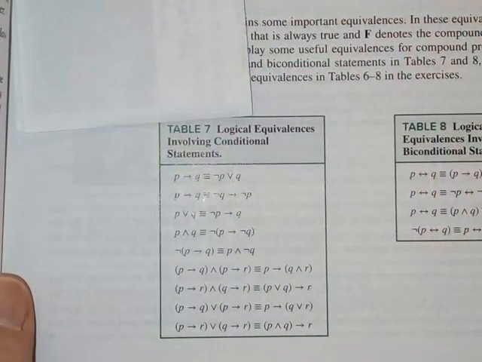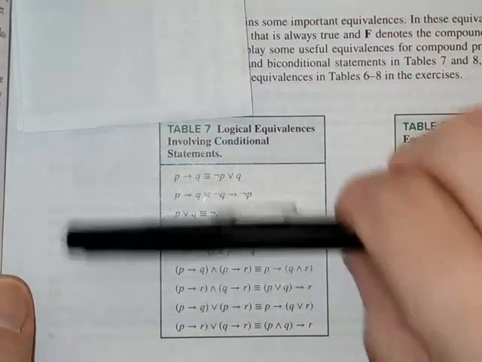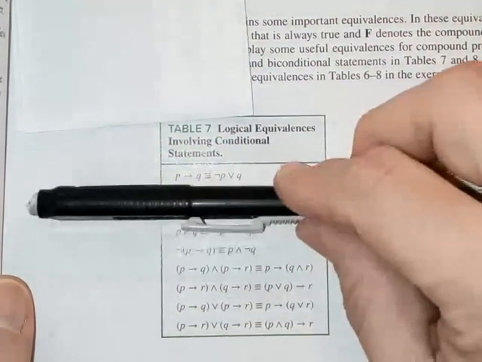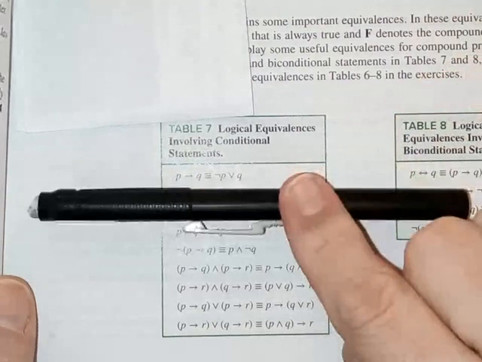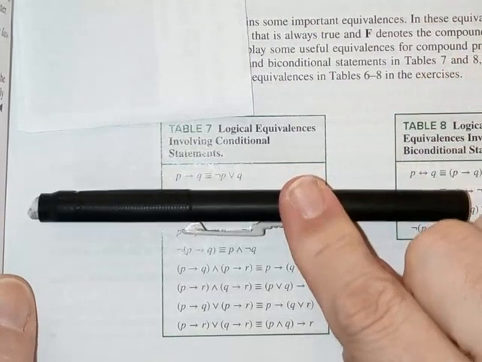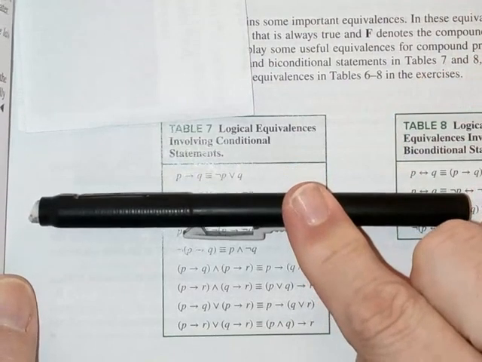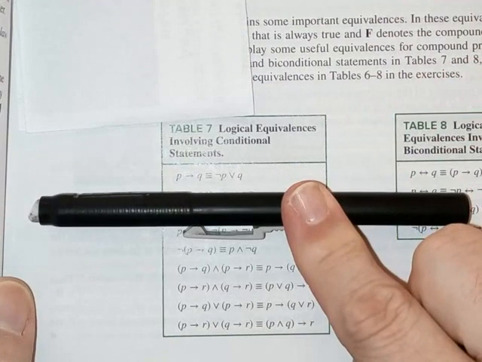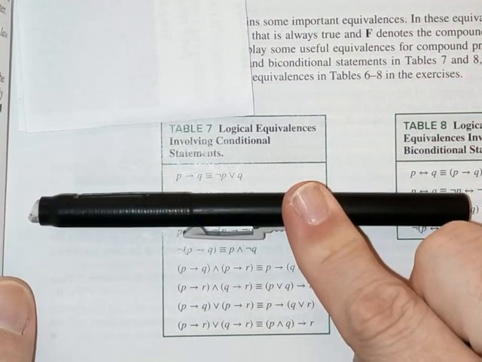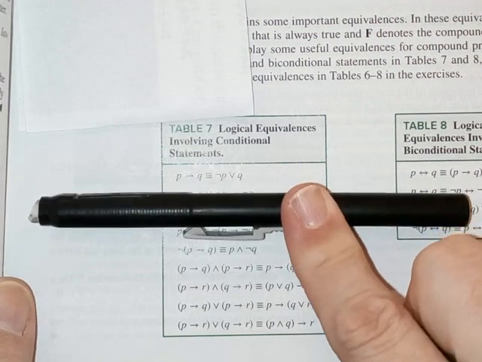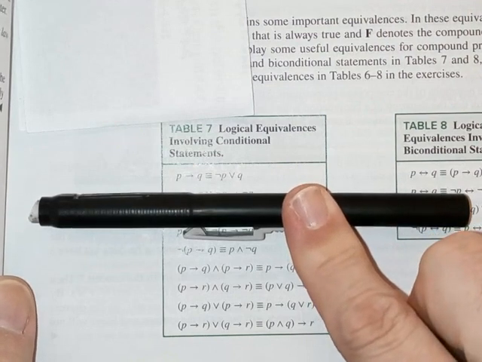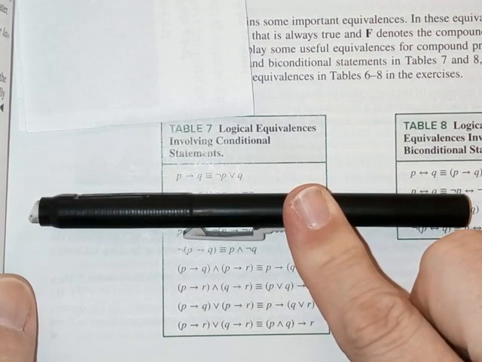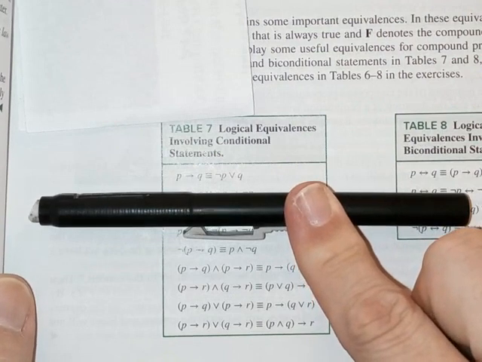Now, the one I actually like the most in here is this one right here. It turns an if-then sentence into nots and ors. Why is this beneficial to me? It's beneficial to me because there's no circuit for if-then.